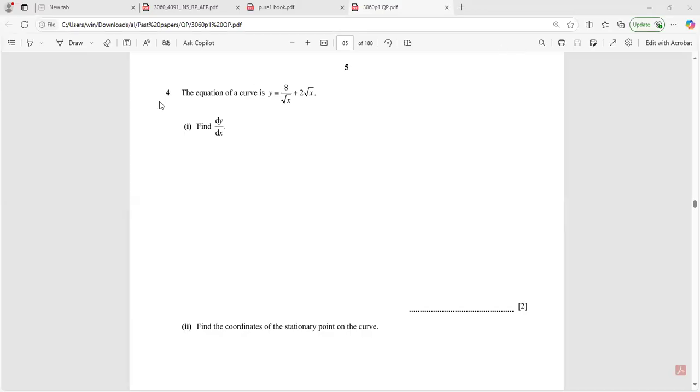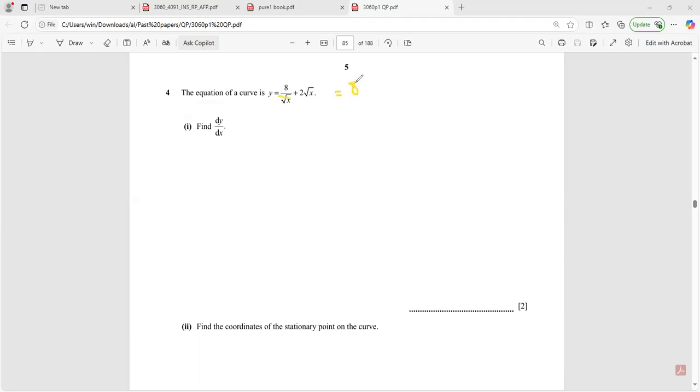Okay, this question is differentiation. And in this question, he gives you an equation of the curve and he needs the differentiation of it. So to differentiate, we have to rewrite the equation again with powers. We have to take this root and make it a power.